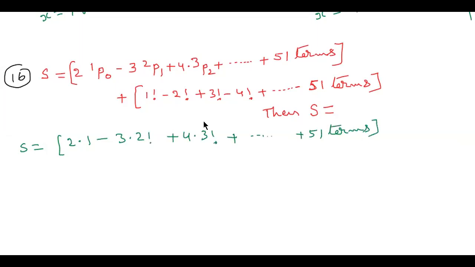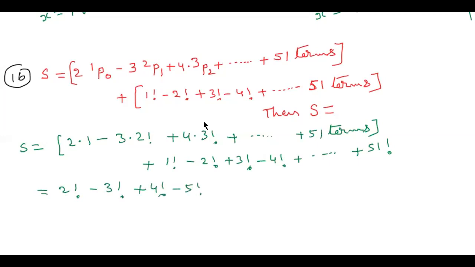Okay, plus here this is 1 factorial minus 2 factorial plus 3 factorial minus 4 factorial. That means what about the 51st term? The 51st term, that is positive 51 factorial. 2 into 1, that is 2 factorial, minus 3 into 2 factorial, minus 3 factorial plus 4 factorial minus 5 factorial and so on. Then what is the last term?